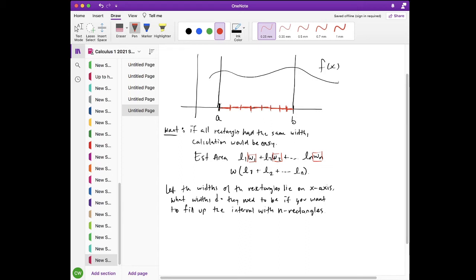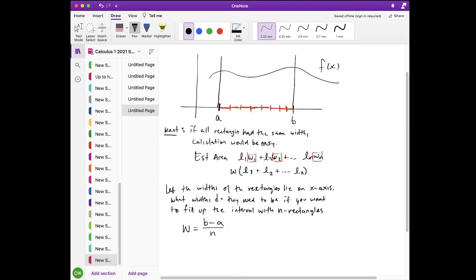Yeah, you take the length of the interval and divide it by the number of rectangles. So b minus a over n is the width of each rectangle.